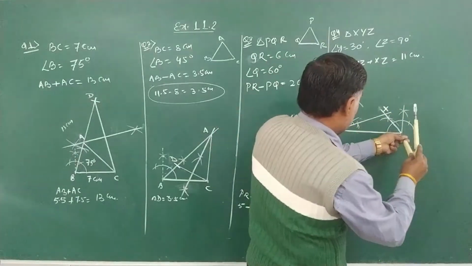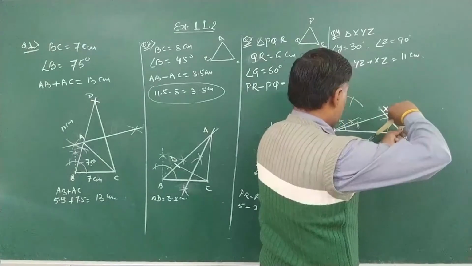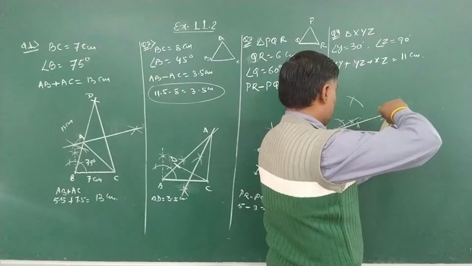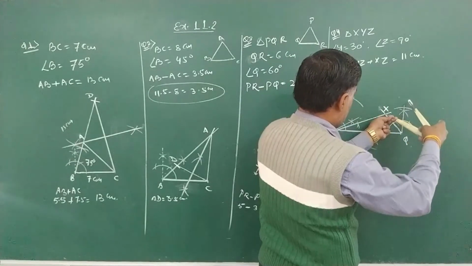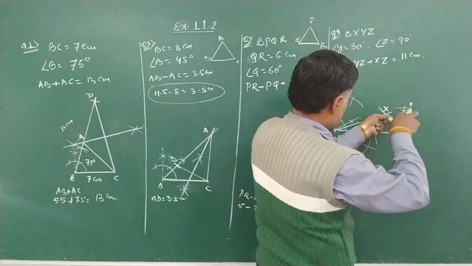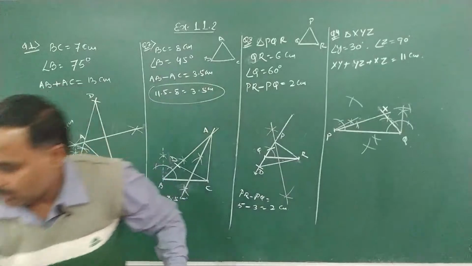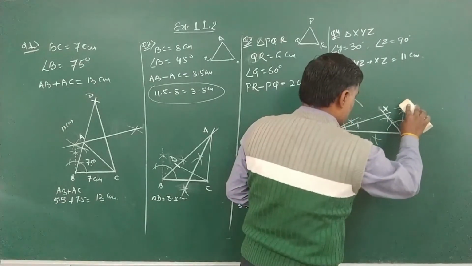And we draw the perpendicular bisector of that also. So when we join these perpendicular bisectors, I'm rubbing that extra part.